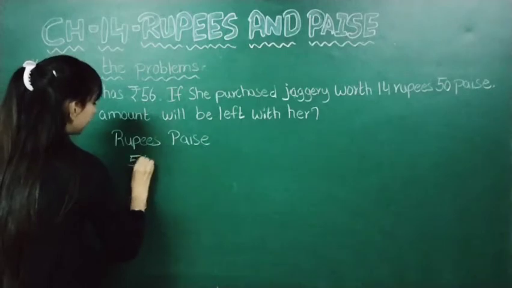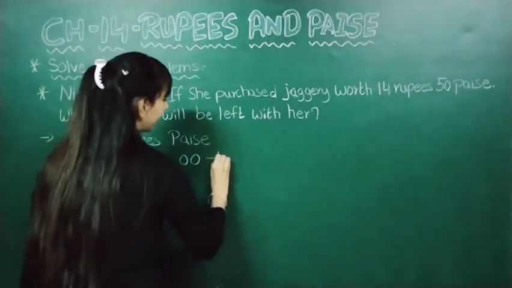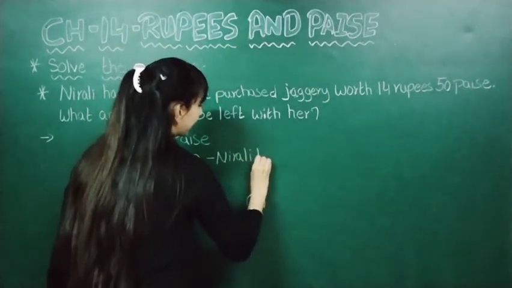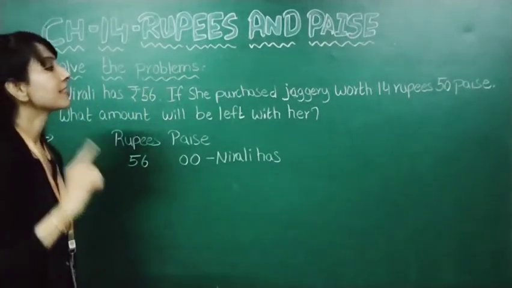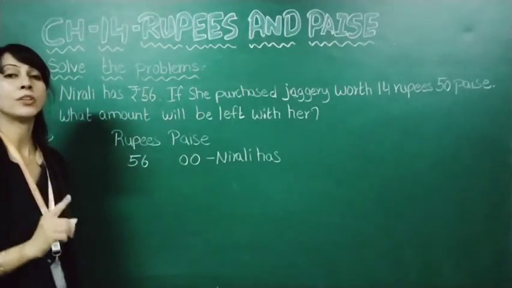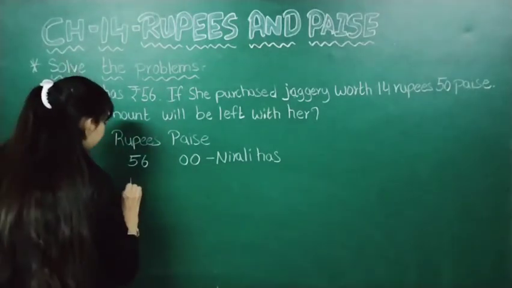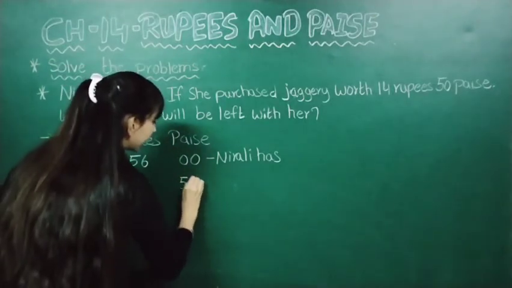So here we will write 56 and here we will just place 2 zeros. Now here we will write Nirali has. Okay. Now she purchased jaggery worth 14 rupees 50 paise. So here we will write 14 in rupees and 50 in paise.